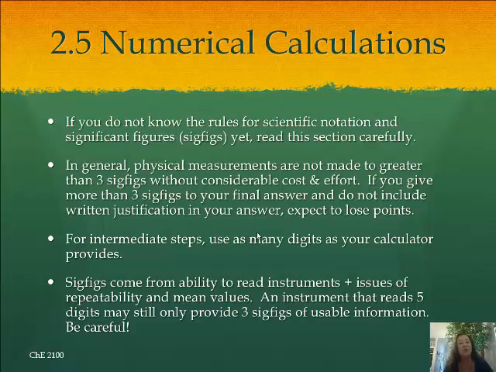So when in doubt, what I recommend, throughout the steps of the project, doing all the work, I carry all the significant figures that my calculator or worksheet, spreadsheet, whatever will work with. And then at the very end, I'm going to reduce it down to 3 sig figs. Okay? Because that's realistic.